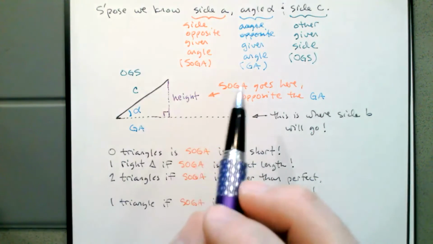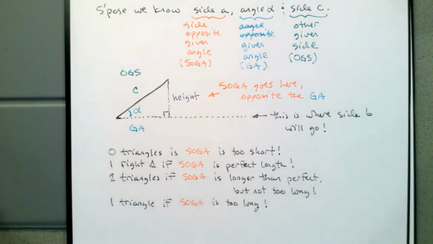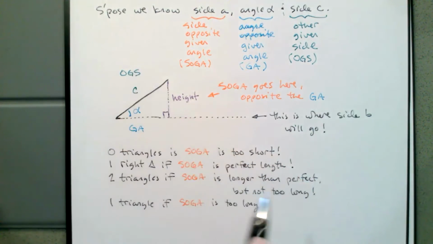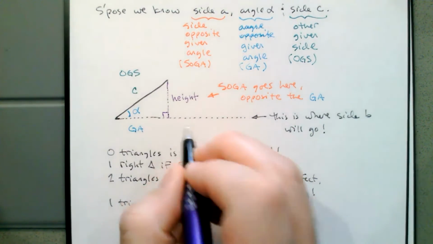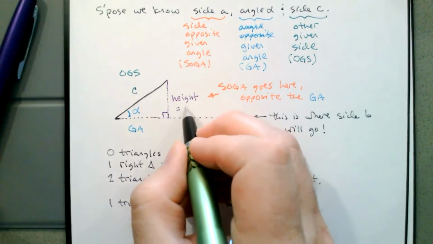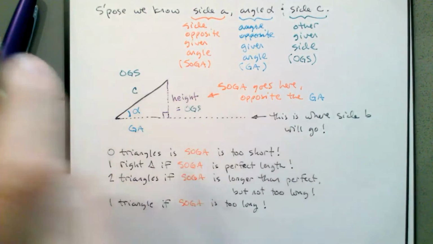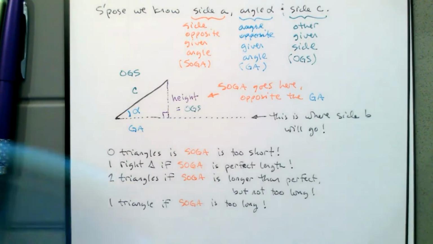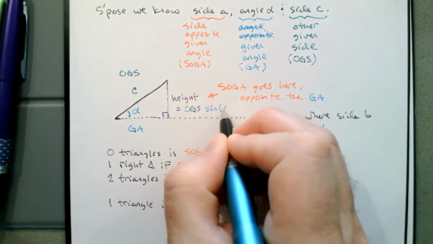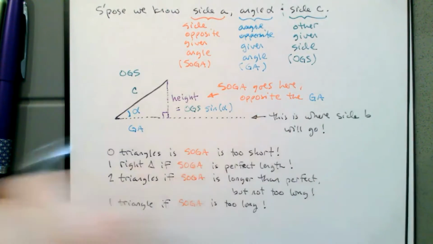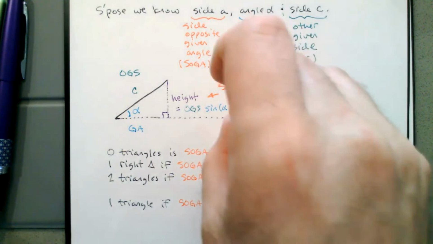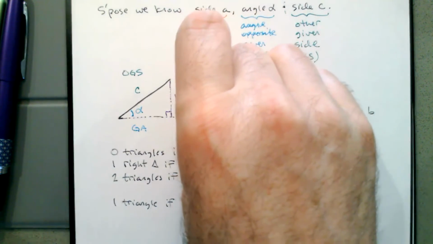So we can set up a relationship using right triangle trigonometry. We can say that the sine of alpha is the height over the other given side. So we can solve for the height and say that the height is the other given side times the sine of alpha. Oh, the given angle. I switched from A, alpha, C to the generic names.